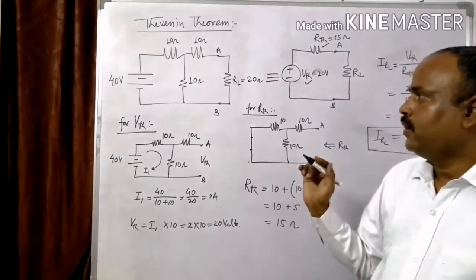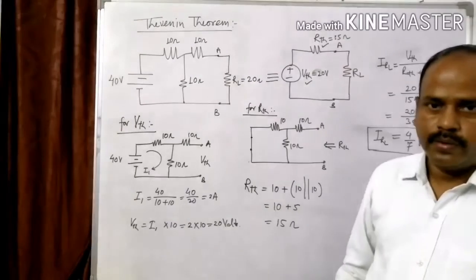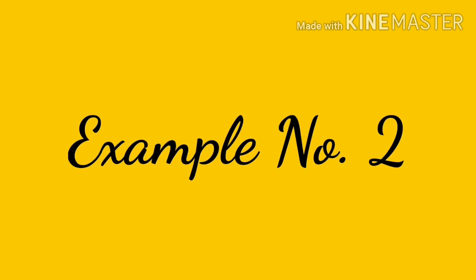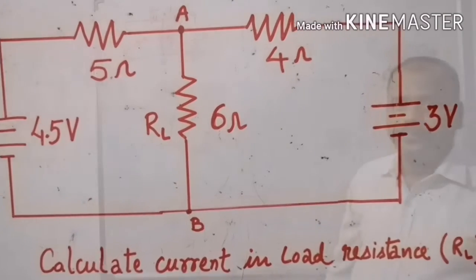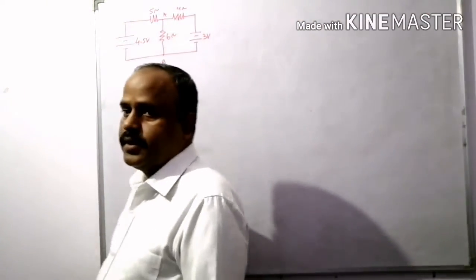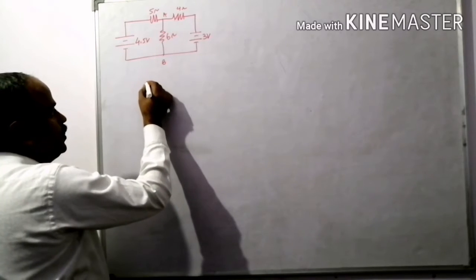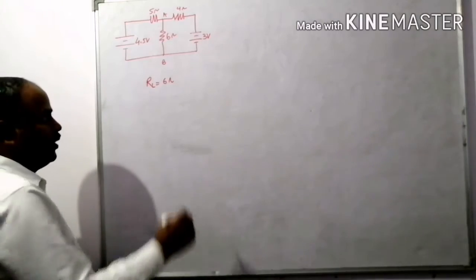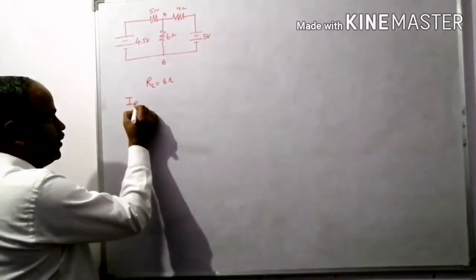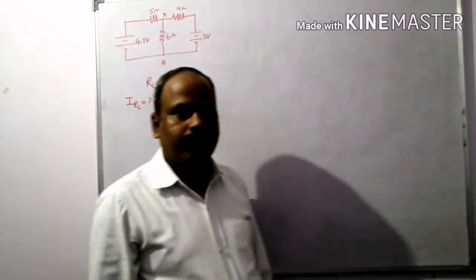Okay. Now I am taking another example related to the Thevenin theorem. Over here, it is a DC circuit. Here, the value of the load resistor is 6 ohm, which is connected across A and B, and I am going to calculate the current in the load resistor with the help of the Thevenin theorem, right?